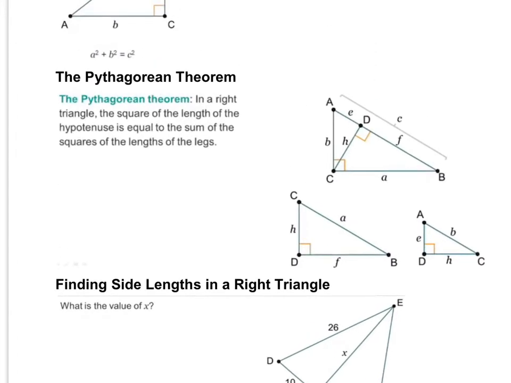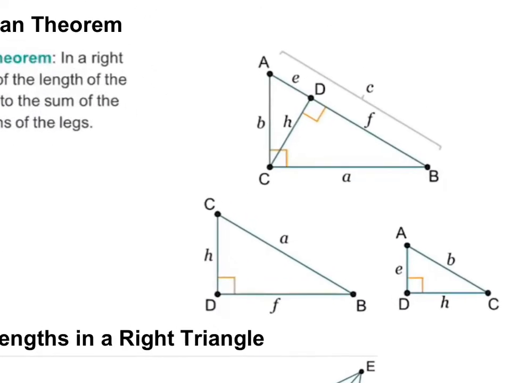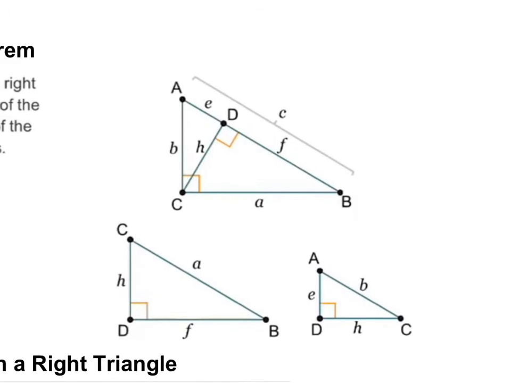So we have all these different relationships here, and I just want to go through each of these triangles and write the Pythagorean theorem for each. In this triangle here, my legs are these two, and my hypotenuse is always the longest side, okay? So we would say here that a squared plus b squared is equal to c squared, okay?